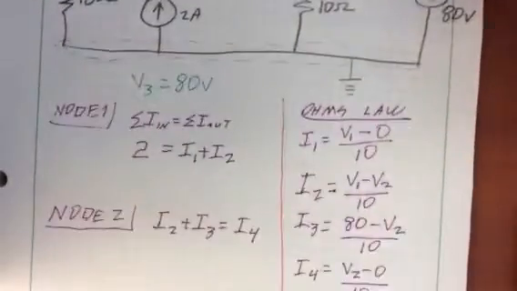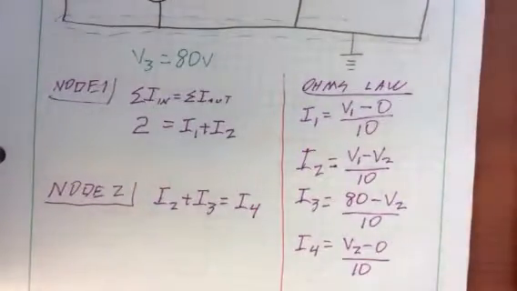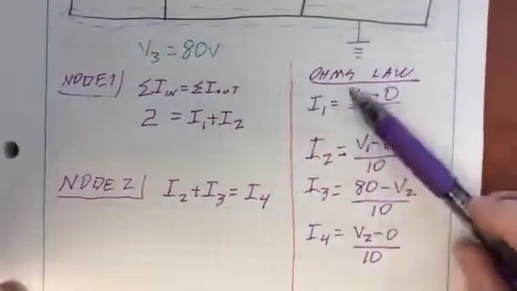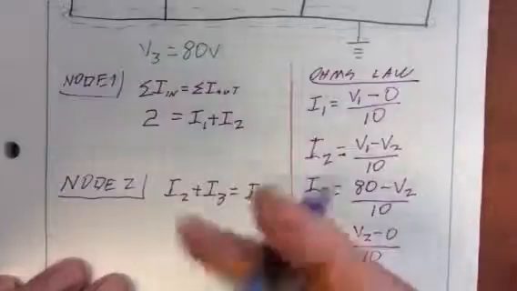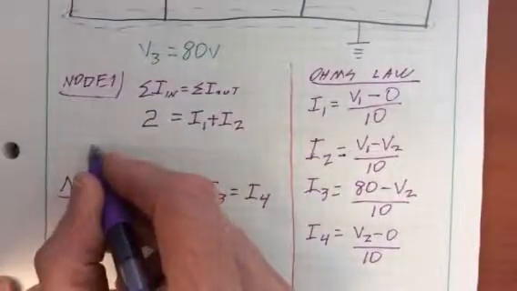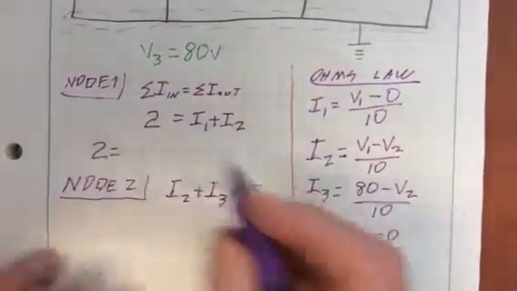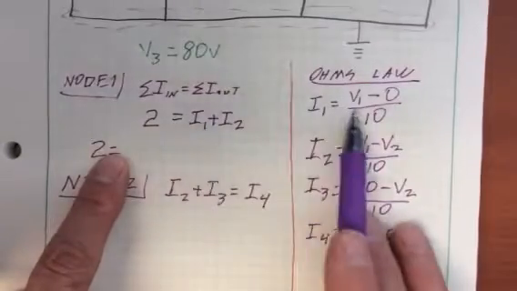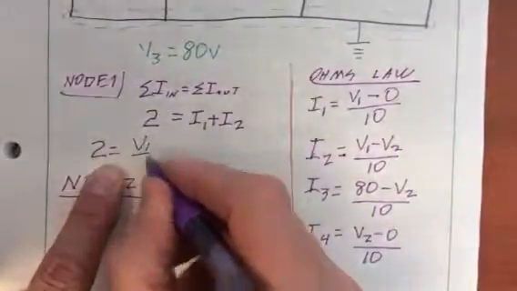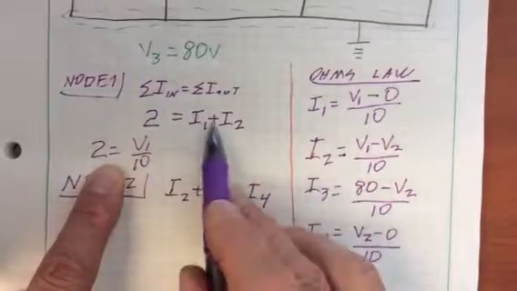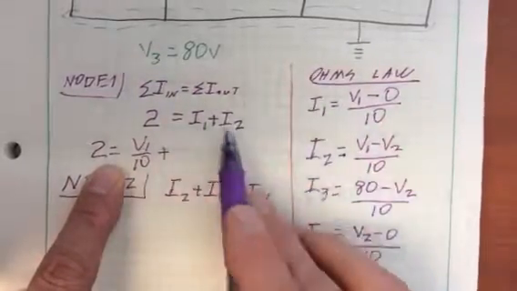I'll let you look at that for a minute. What I'm going to do next is take these Ohm's law relationships and plug them in right here. So this equation becomes 2 is equal to, now I1 is V1 minus 0 over 10, plus I2.